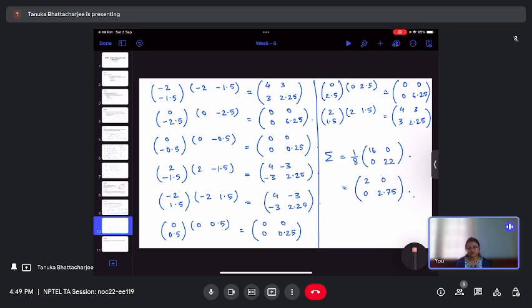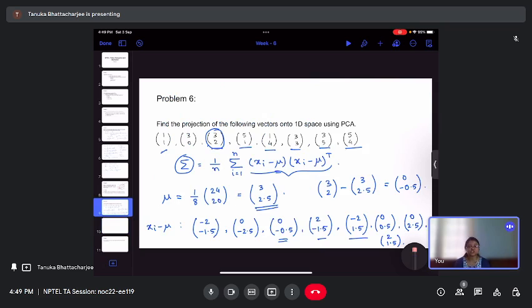Now you will have to find the projection direction. As we have told multiple times, if you are trying to project to 1D space, the projection direction is the eigenvector corresponding to the largest eigenvalue of the covariance matrix.